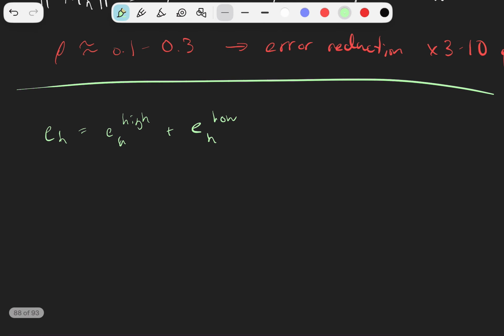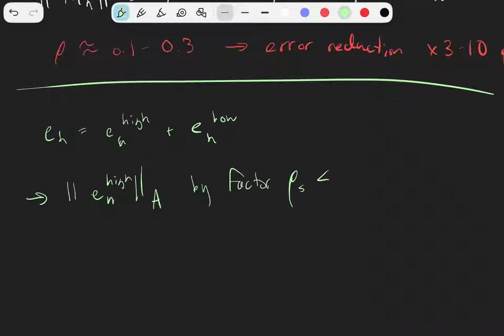You can prove that the pre-smoothing is going to reduce the norm, in the energy norm or the stiffness norm, by a factor of rho sub s, much less than 1.